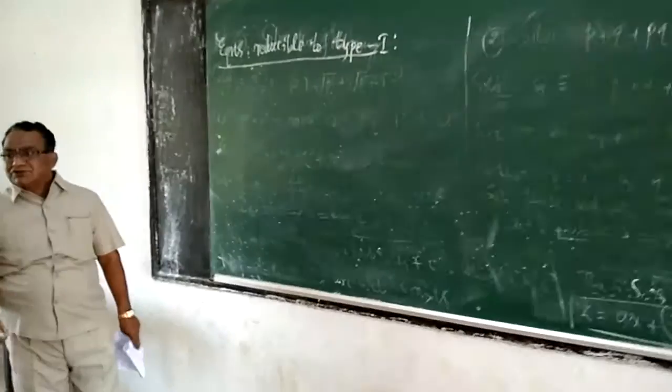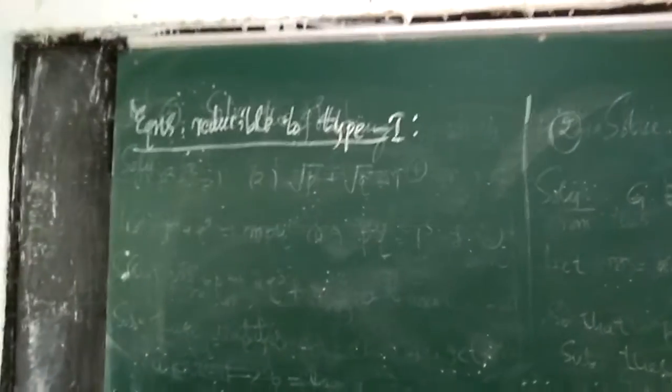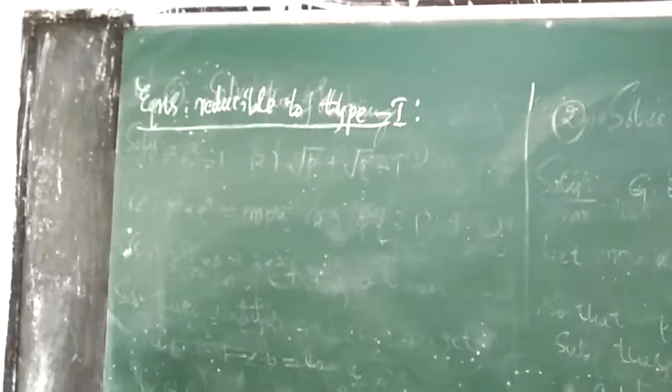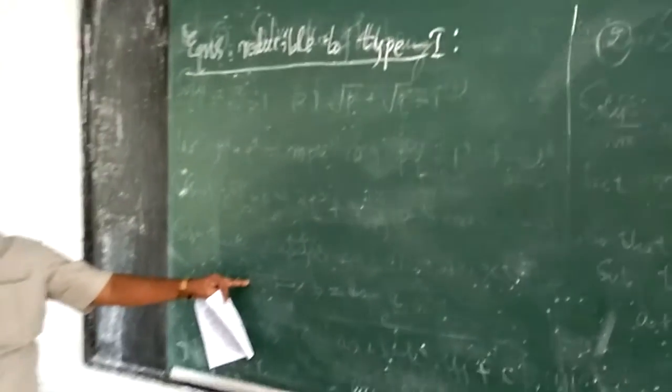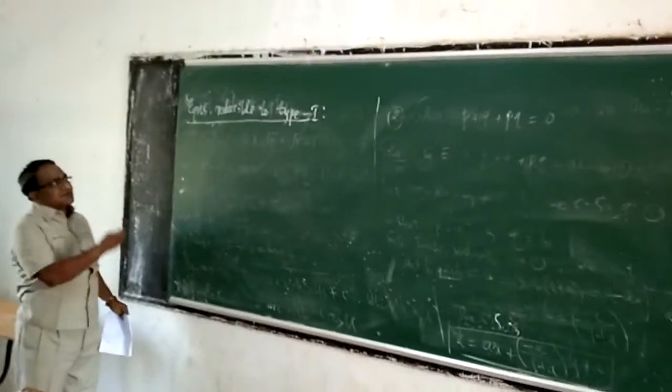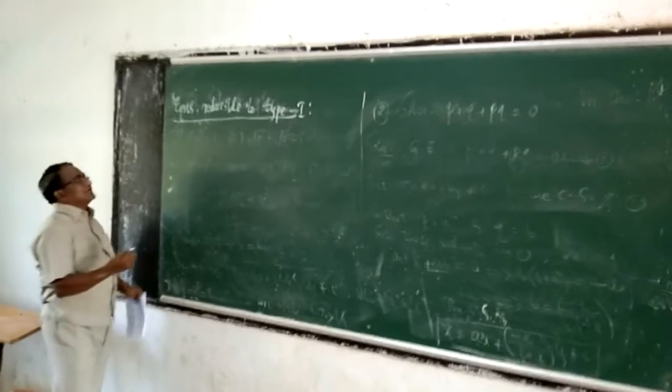Okay. Say, first type of examples will be given for 2 marks, but this type of examples will be given for 5 marks. Okay. And let me illustrate through the example itself.